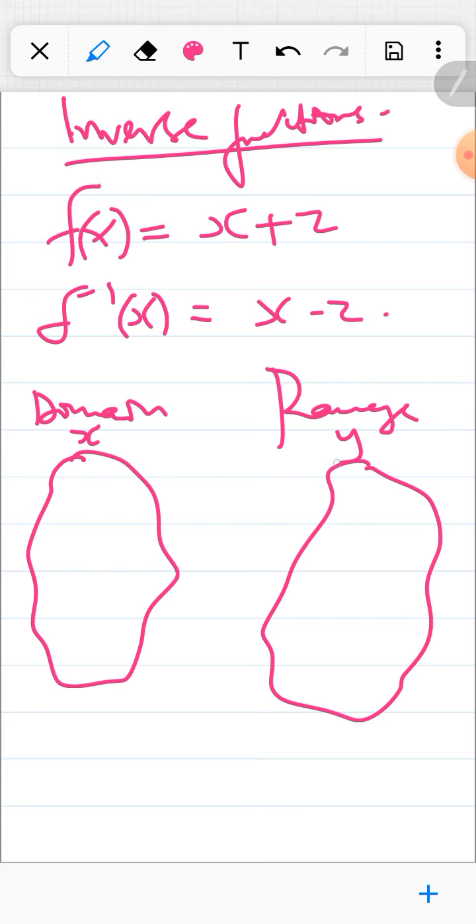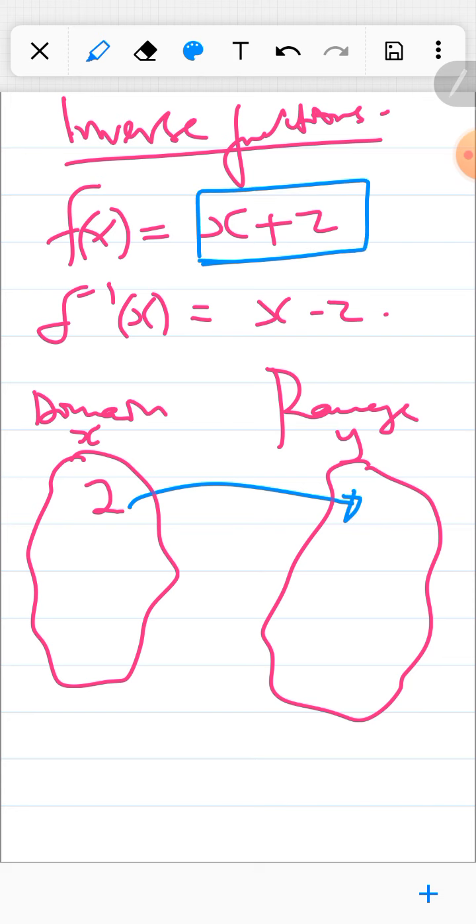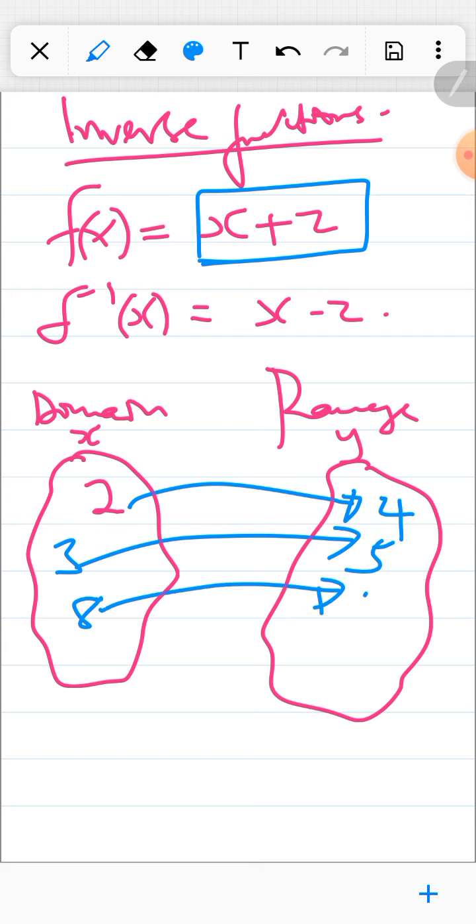If some function takes the number 2 to 4, it will take the number 3 to 5, it will take the number 8 to 10, and so on and so on. Take the number -6 to, no, just kidding, -4.